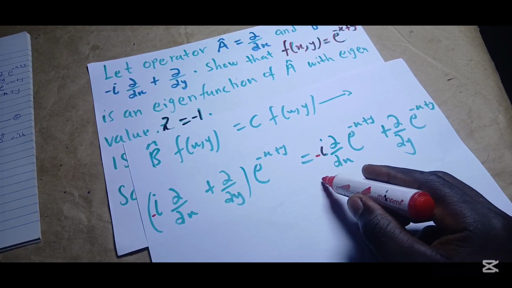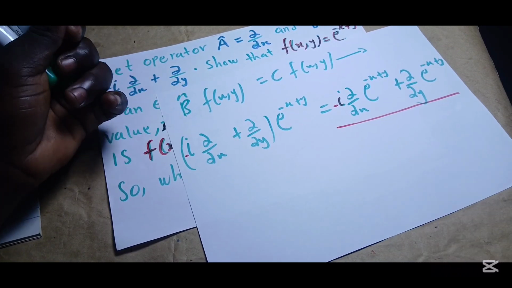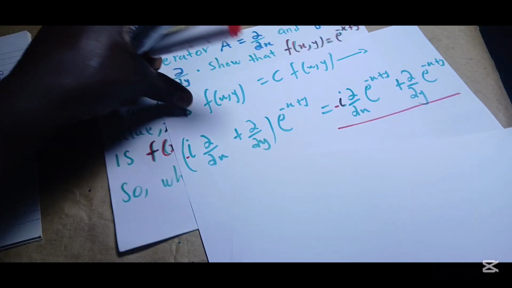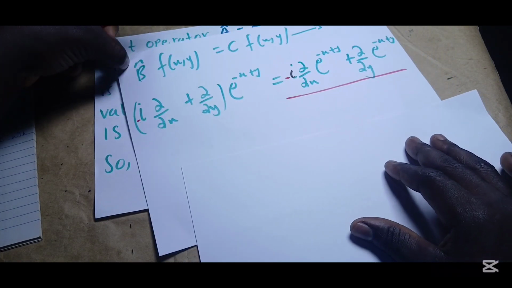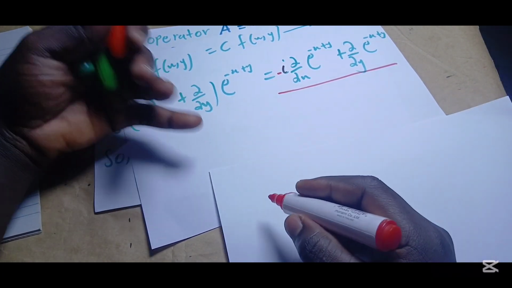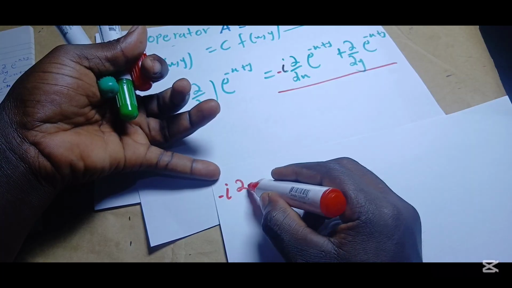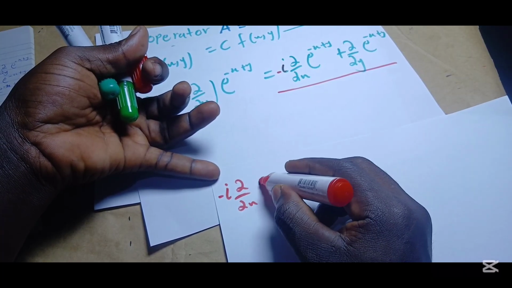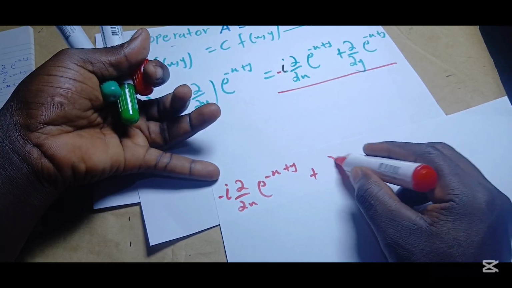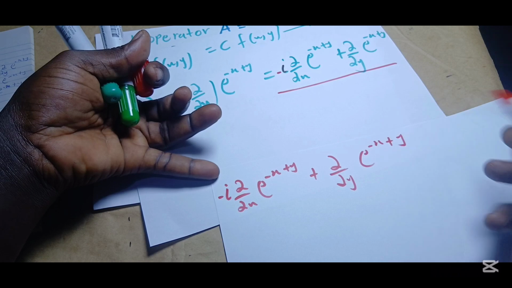So now let's try evaluating this. Let's simplify it to minus i, d/dx of e to the power minus x plus y, plus d/dy of e to the power minus x plus y.